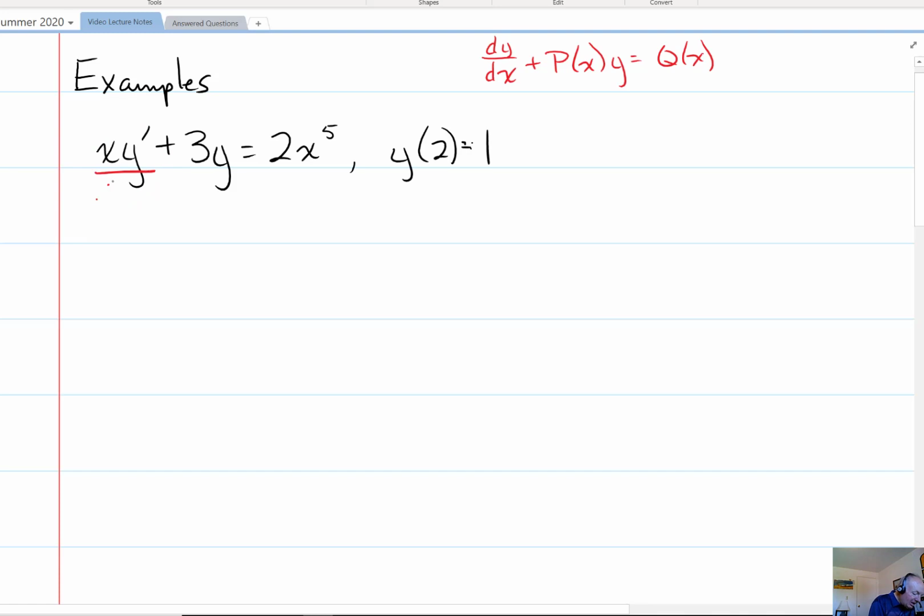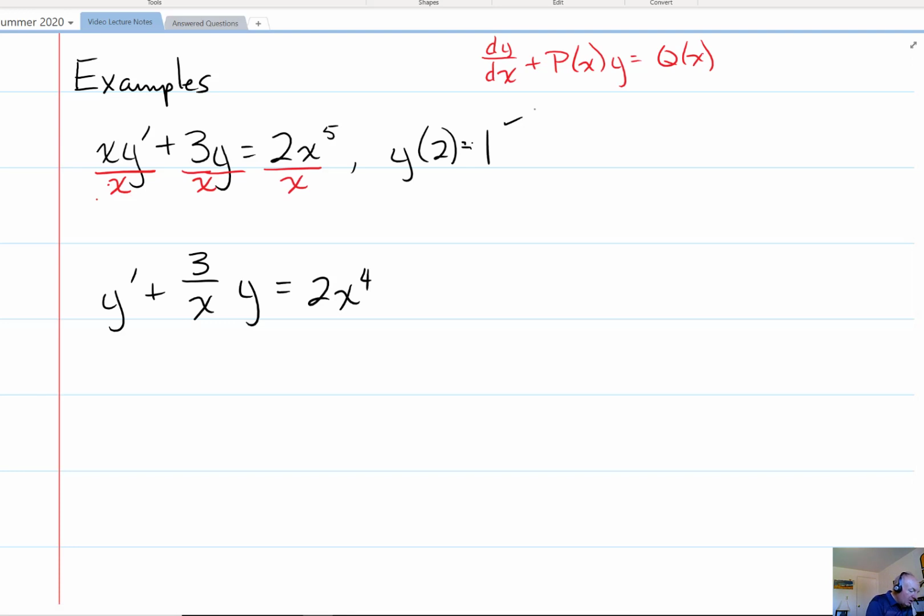And hopefully just by getting rid of that coefficient on the y prime, I can get into the form that I need. y prime plus 3 over x times y equals 2x to the fourth. And we'll just remember our initial condition. But there it is. That fits the pattern.